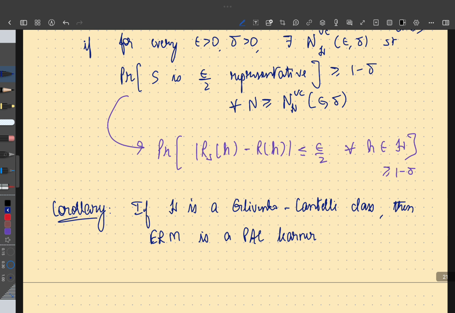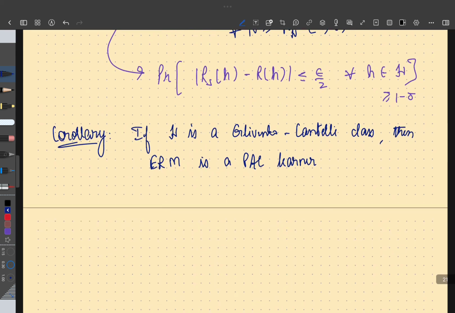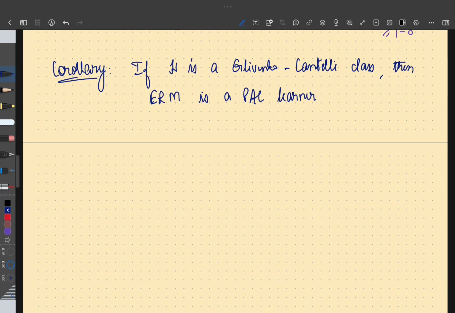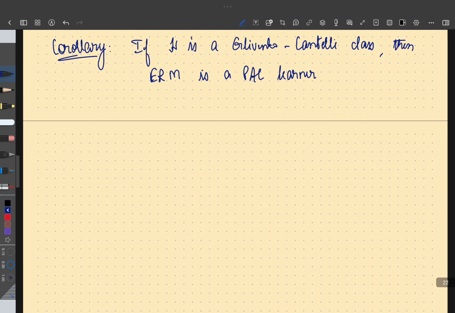But if the number of classes is infinite, then ERM need not be optimal. There are multi-class classification problems where the number of classes can be infinite, where ERM is not optimal and you have to do something else. But for many problems of interest in supervised learning, ERM is in fact pretty good, and that's why it's so widespread.